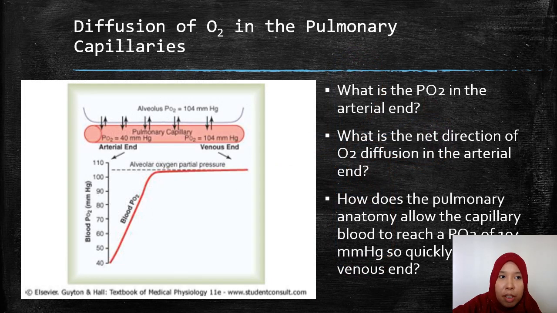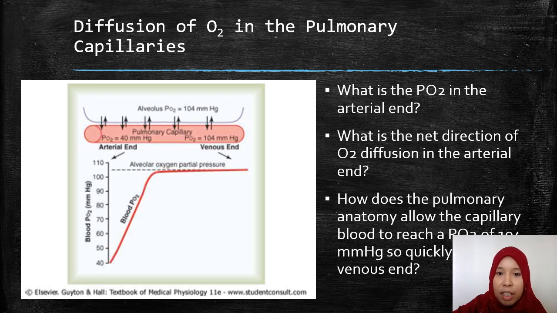Alright, here we are seeing a graph and a diagram that shows you the diffusion of oxygen in the pulmonary capillaries. In this diagram, I'm just showing you one capillary and one alveolus, and you can see that at the arterial end, I've put there PO2, partial pressure of oxygen, equivalent to 40 millimeter mercury, and at the end you have a partial pressure of oxygen of 104 millimeter mercury.